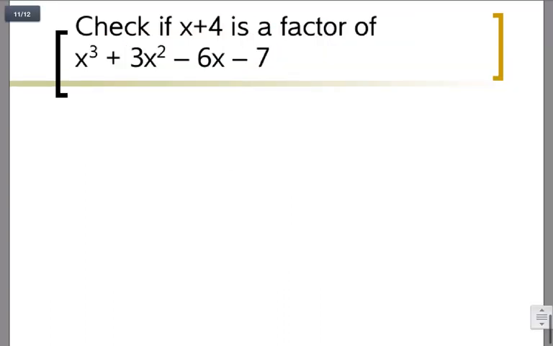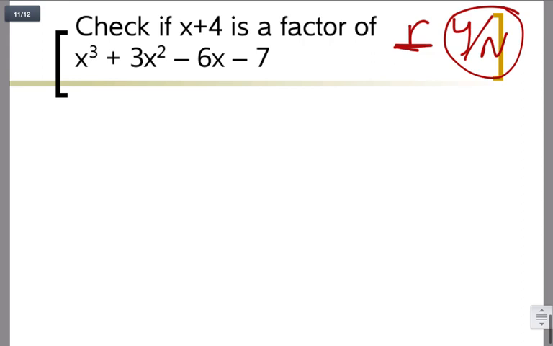You'll get some problems in your homework that ask you if something like x plus 4 is a factor of this. What you're being asked to do is really do the long division, and the question is, do you have a remainder? Yes or no. Okay? So if the answer is yes, you have a remainder, then it is not a factor.